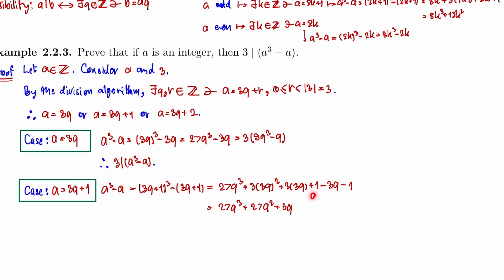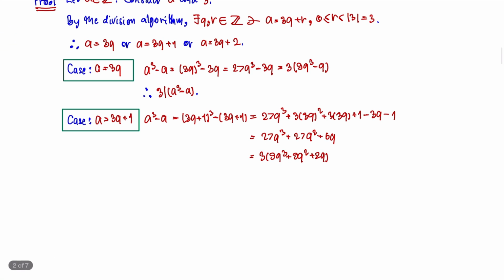The 1s cancel, so we factorize with 3. We have 3 times (9q cubed plus 9q squared plus 2q). So 3 is a factor of a cubed minus a, and 3 divides a cubed minus a in this case again.